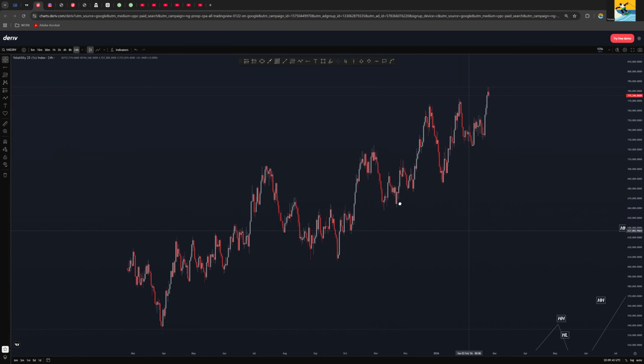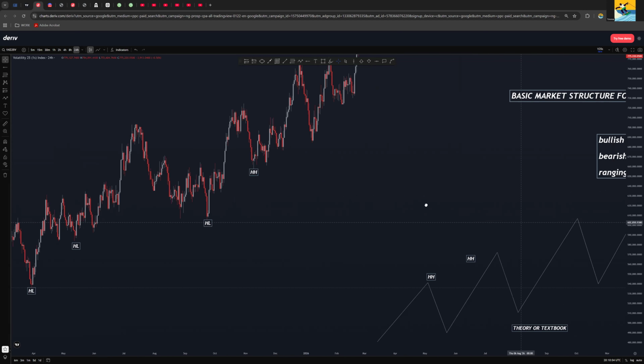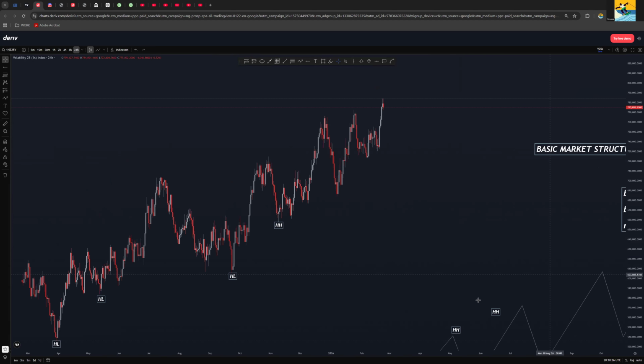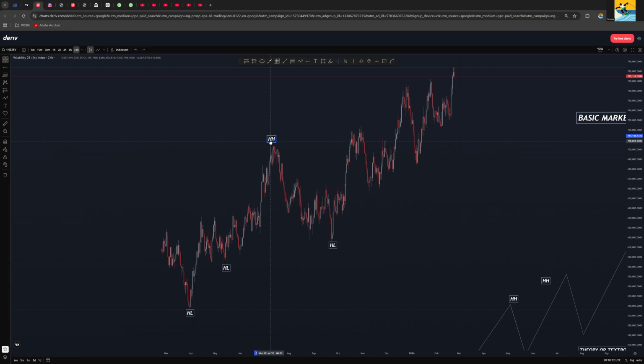So now let's label it accordingly. So this will be the higher low. This will be the higher low. The higher low. Remember, it is the lowest point. The higher low. So this is the higher highs. Higher low.